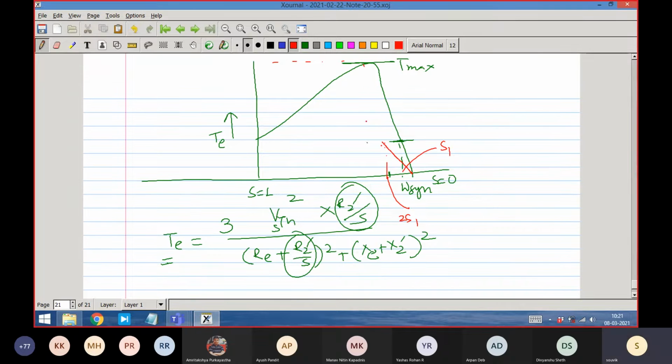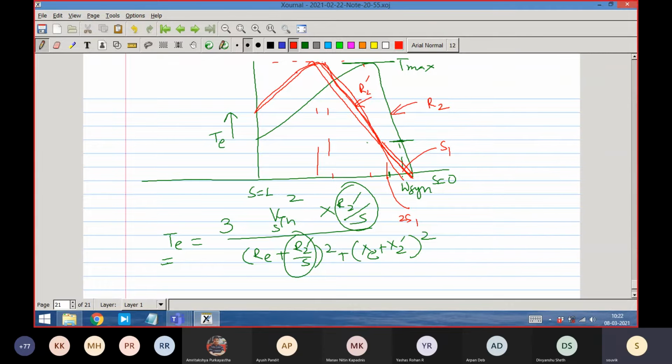And the peak torque will be achieved at double the slip value, maybe here. I'm not drawing well, but you know what I mean. This may have a rotor resistance R2, and this will have a rotor resistance R2', because you see the peak torque expression doesn't have any R2 in it.